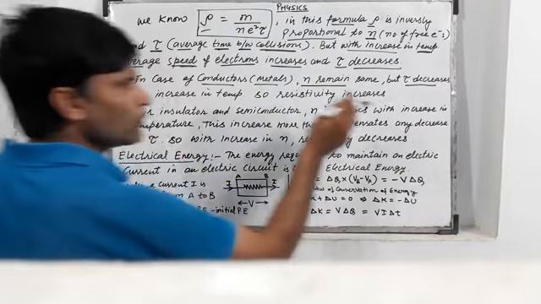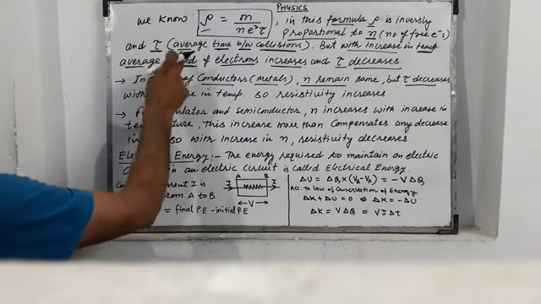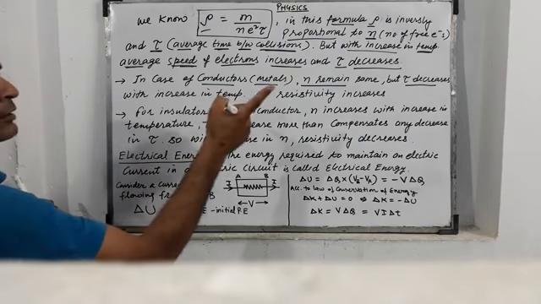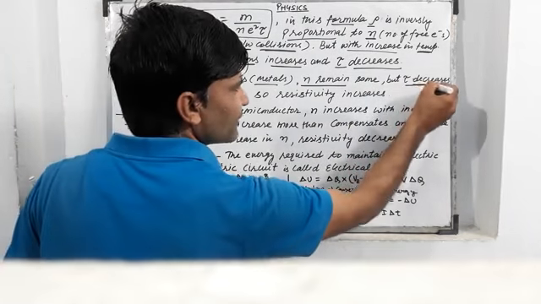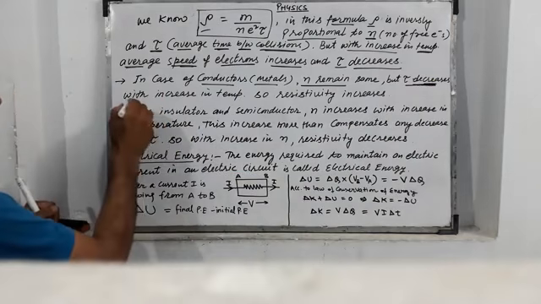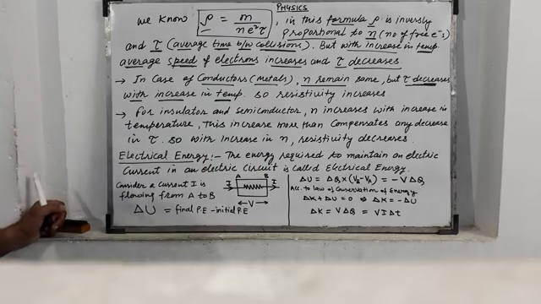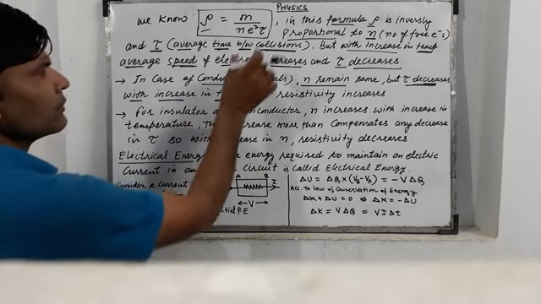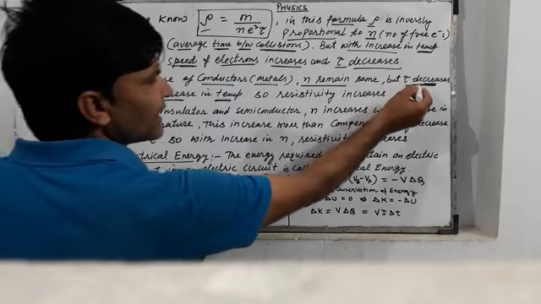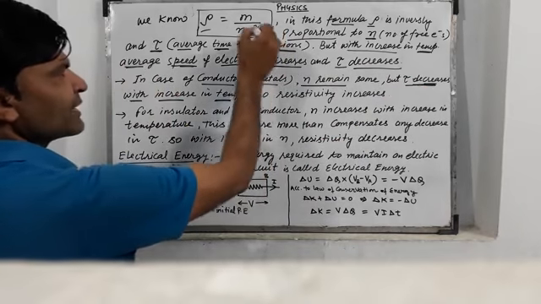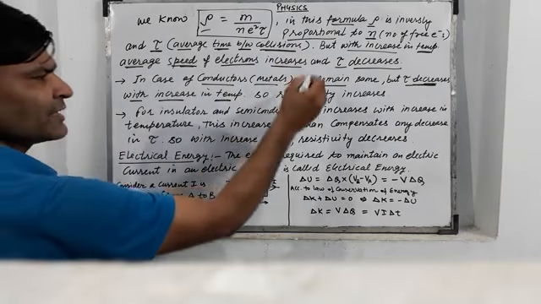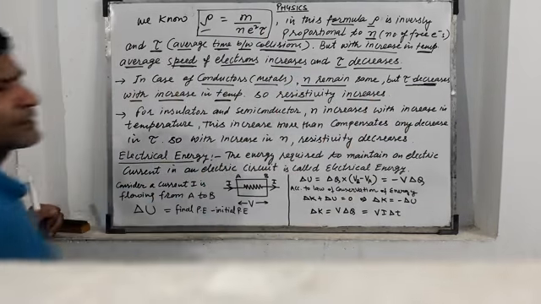But tau, the average time, decreases with increase in temperature, and when tau decreases, resistivity increases.